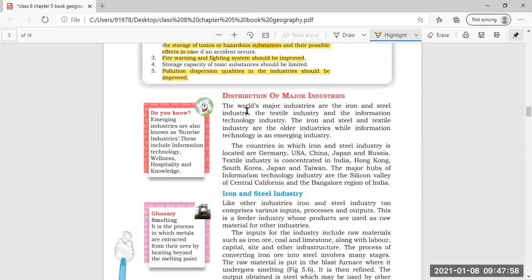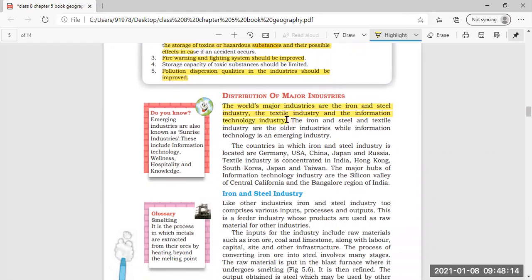Then next, coming to the distribution of the major industries. How are these major industries distributed? The world's major industries are the iron and steel industry, the textile industry, and the information technology industry.